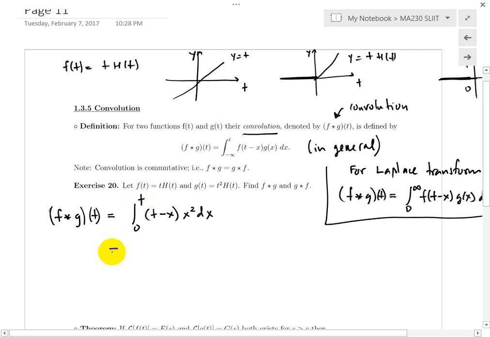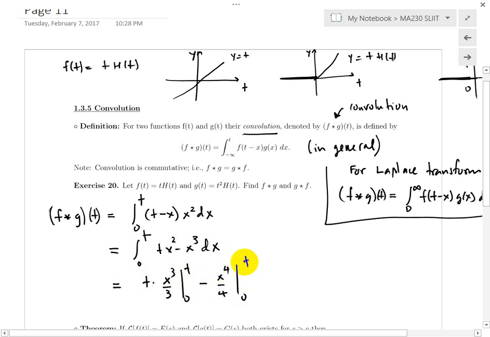So what you have here, 0 to t, so this is the integral of t x squared minus x cubed dx. So t is constant, right? So you have t x cubed over 3, with limits 0 to t, minus x to the fourth over 4, with limits 0 to t.